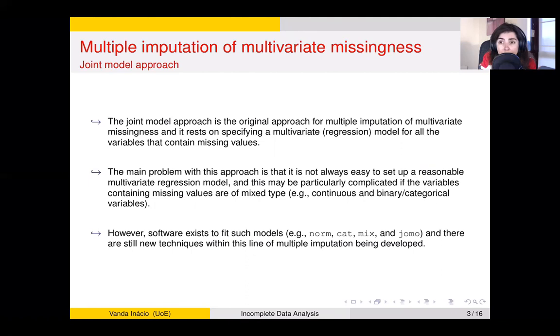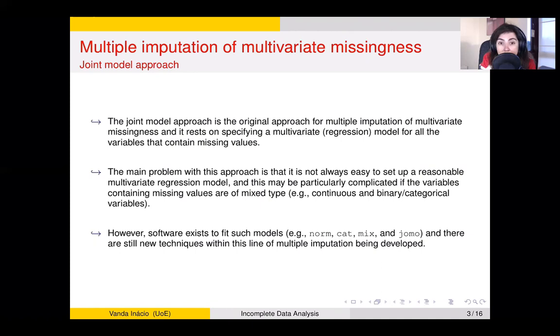And also, most of the time, normal models are used for continuous variables. Sometimes models based on the t distribution are used. There is software that implements this approach. But as I said, the main problem is when the number of variables with missing values starts increasing, then the model gets more and more complicated, at least from a computational point of view.